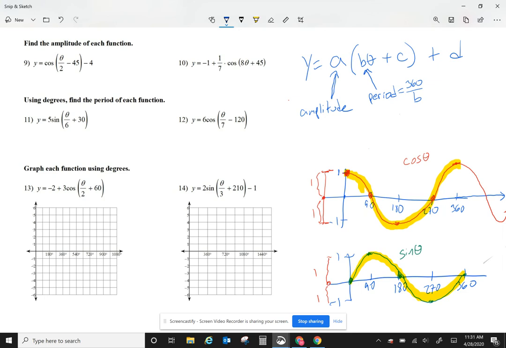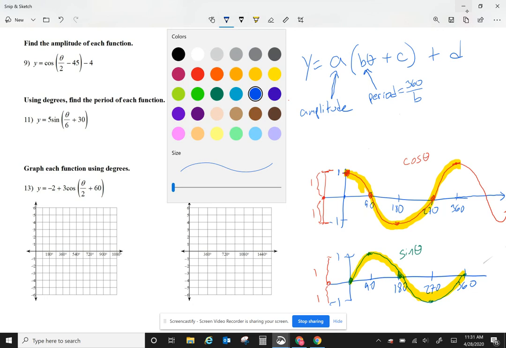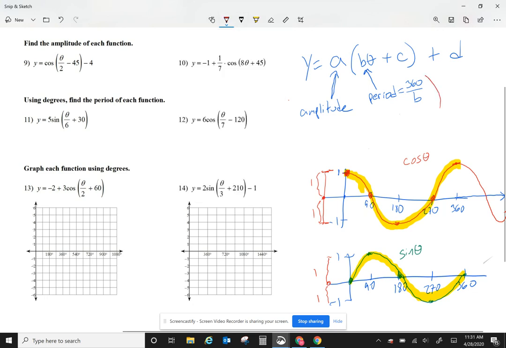Now for c, this talks about shifting. Remember when we used to graph functions before, when we saw parabolas or absolute values or things like this, we used to move right and left. This is shift horizontally. Opposite signs though.